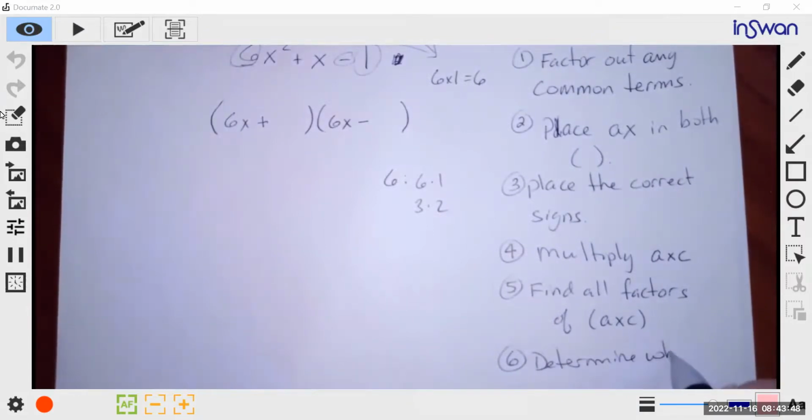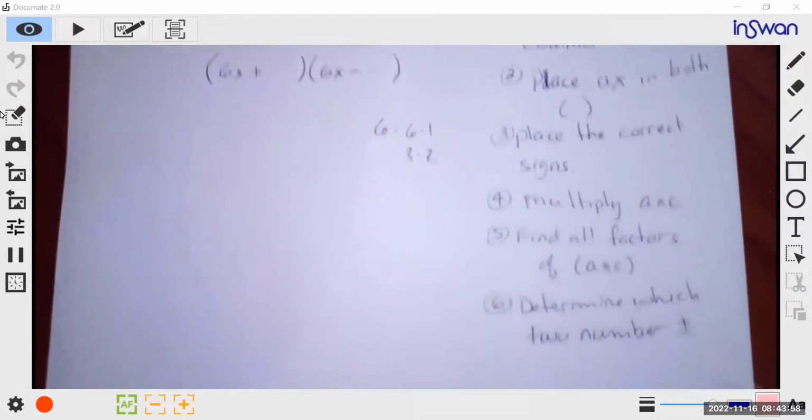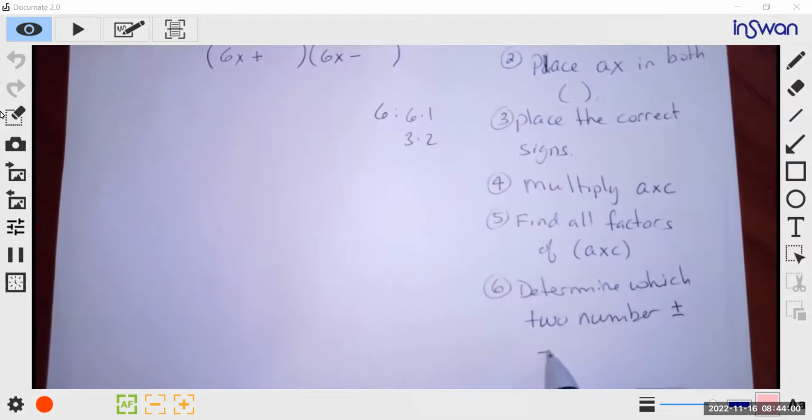Determine which two numbers, plus or minus, whatever the second sign is, equals the B term.